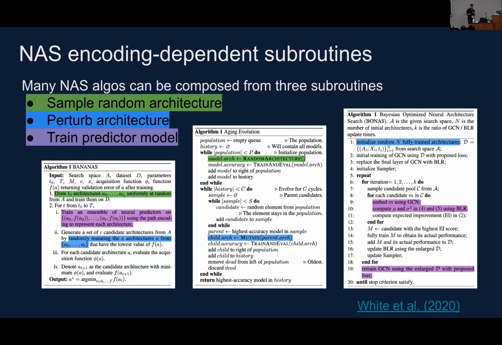And the results are listed in this paper. I believe that for the first two subroutines, sample and perturb, an adjacency matrix-based encoding worked the best. But for a trained predictor model, a more interesting encoding like path-based or VAE-based encoding works better.